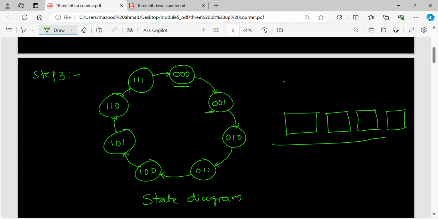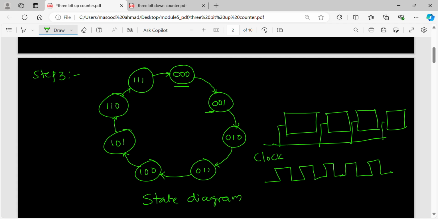For which we will give a common clock. Clock is common. This is the clock. How does the clock look? It is going like this. If I give the clock, here we have only 3 flip-flops because it's a 3-bit up counter, so we don't require 4, we require only 3.